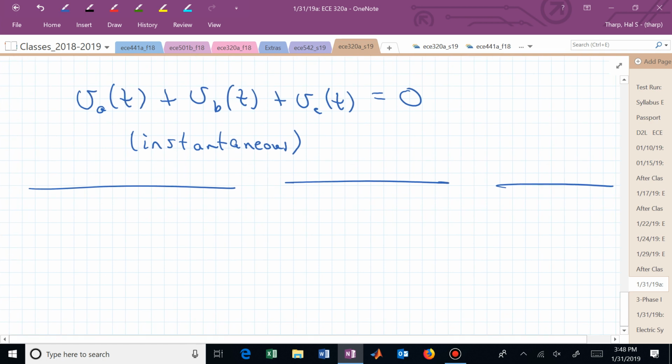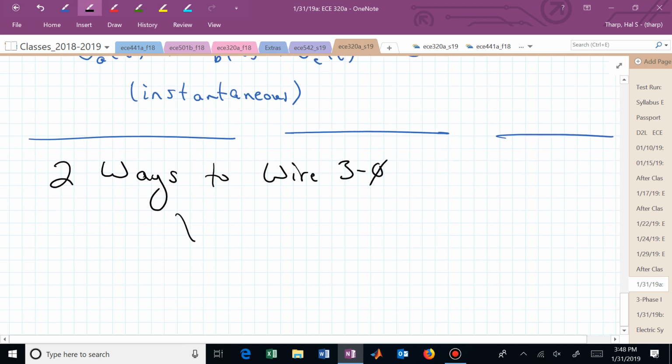But we have two different ways that we interconnect or wire these three-phase voltage sources that we will play with or use in this course.